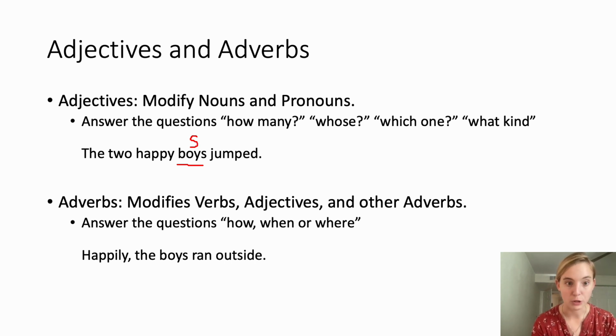Well, what did the boys do? They jumped. So we double underline our predicate verb, because predicate verbs are action verbs. And we write PV over the top. Okay, now what kind of boys are these? Notice I use my question, what kind? Well, they're happy boys. So they modify. How many boys are there?